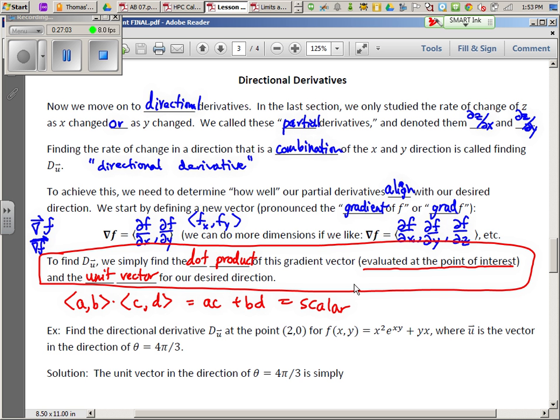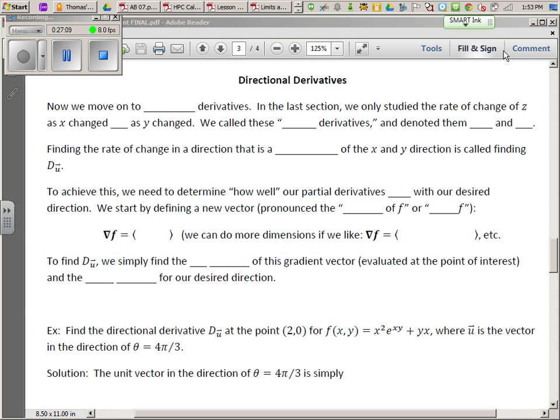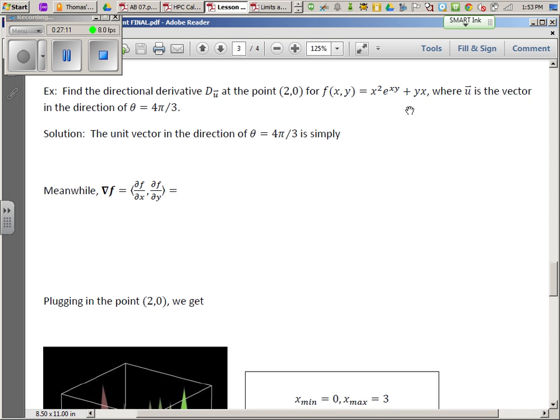Okay, now let's do our first example. Find the directional derivative du at the point 2, 0 for f(x,y) equals x squared e to the xy plus yx, where u is the vector in the direction of theta equals 4 pi over 3.